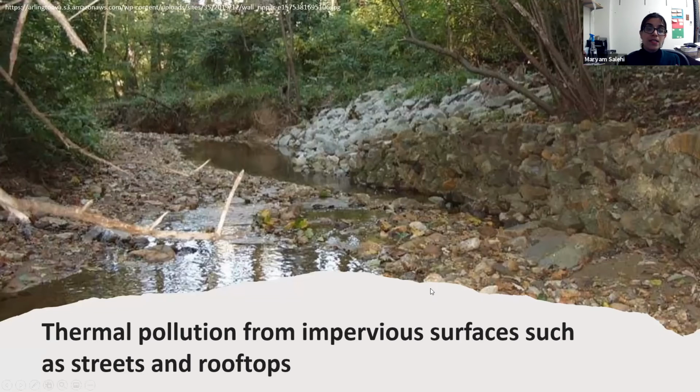When we have asphalt and pavement surfaces, they absorb the light and increase the temperature of the water, and increasing the temperature could result in some stresses on aquatic life.